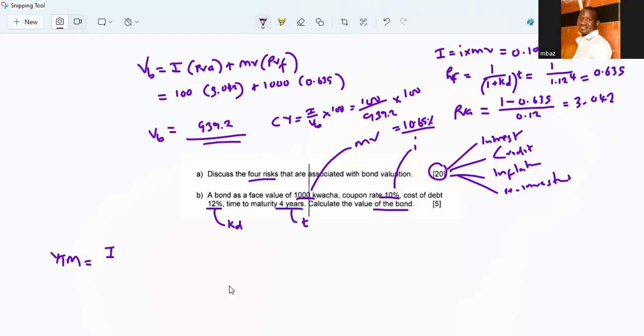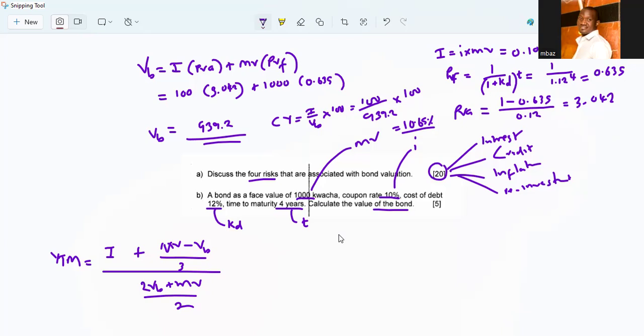The coupon payment plus the face value minus the value of the bond over n, all over 3 over 2 of the face value plus the value of the bond divided by 2.